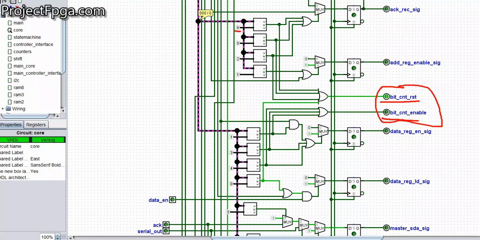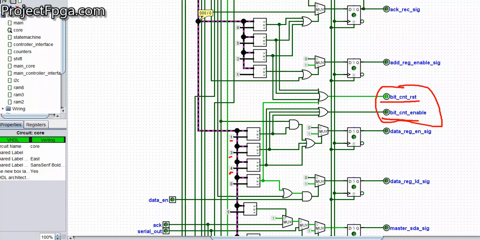Now let's talk about the states at which we enable the counter. There are just 3 states, which are state 4, state 3, and state 1. Remember, state 1 is when we are sending or receiving the slave address. State 3 and state 4 are when we are either transmitting or receiving.